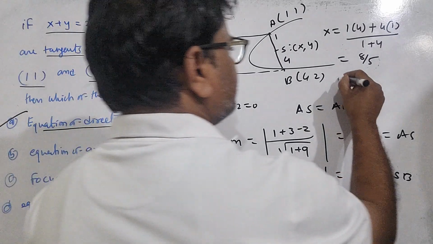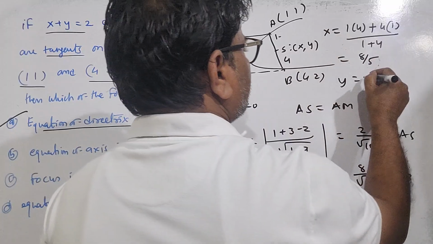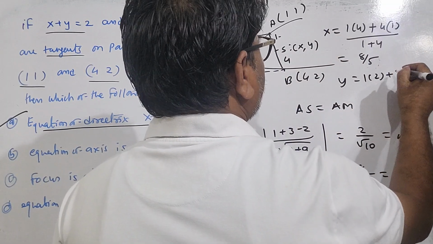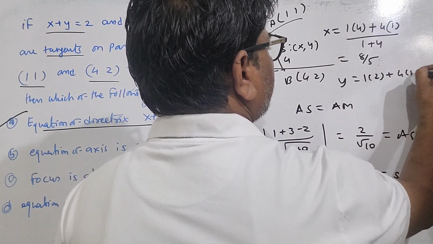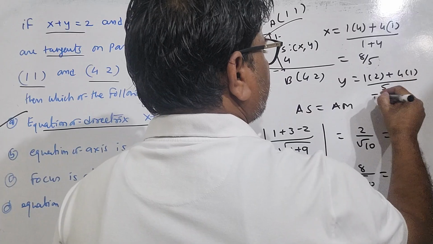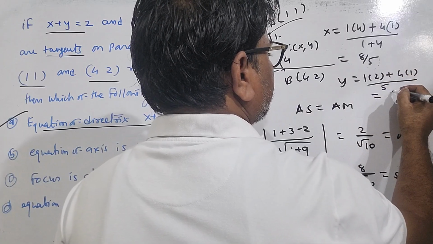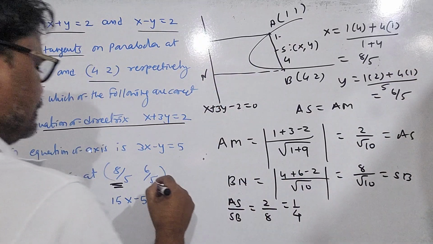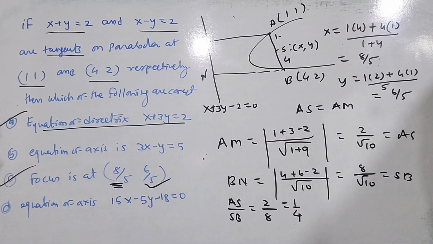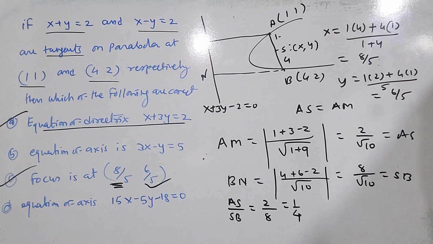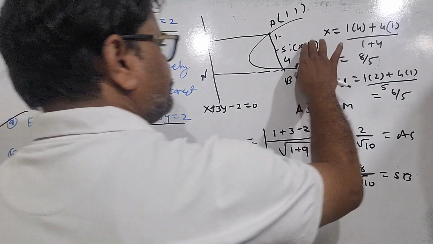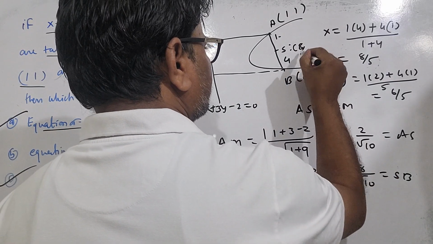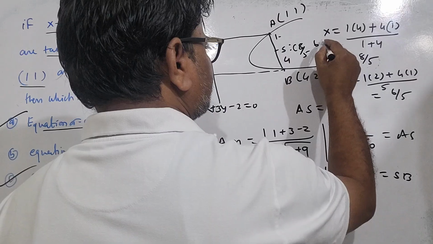The y coordinate is (1 into 2 plus 4 into 1) divided by 5, that is 6 by 5. So this option is also correct. The focus is 8 by 5 and 6 by 5.